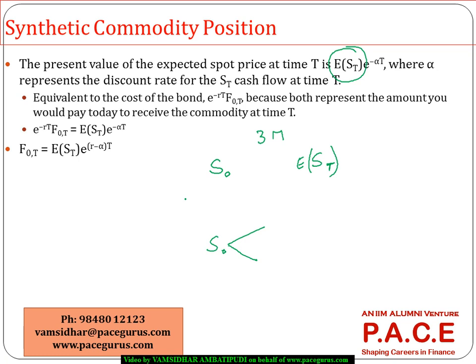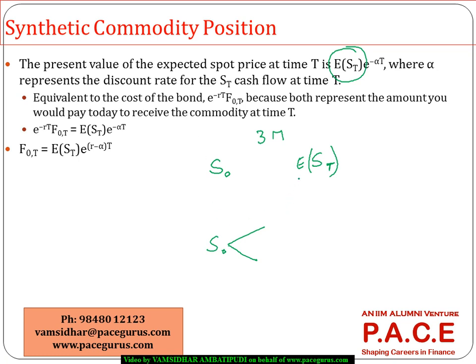right? And the discount rate could be different for a risk-free security versus the commodity. The commodity price may be growing much more faster. It's a risky security. Commodity is obviously a risky security or very less risky security. Either way it can happen.